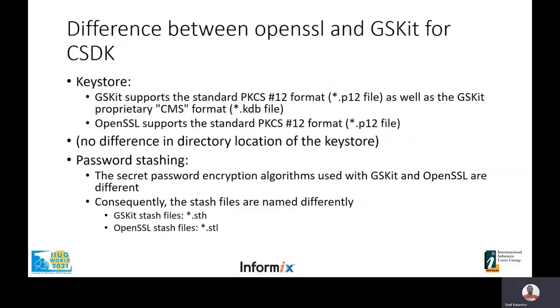Let's look at some of the differences between OpenSSL and GSKit. GSKit supports standard PKCS12 format as well as the proprietary CMS format having .kdb extension, whereas OpenSSL supports standard PKCS12 format having .p12 extension.